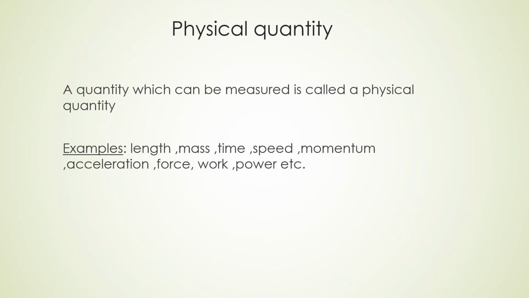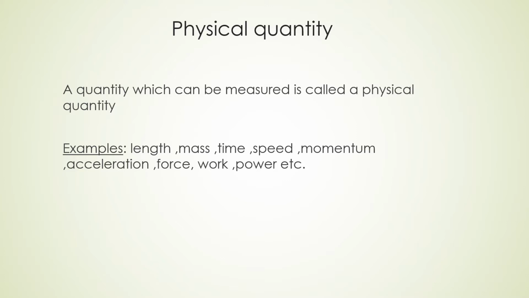First, we'll study about physical quantity. A quantity which can be measured is called a physical quantity. For example, length, mass, time, speed, momentum, acceleration, force, work, power, etc. So, length can be measured.